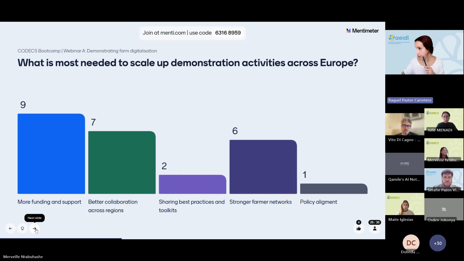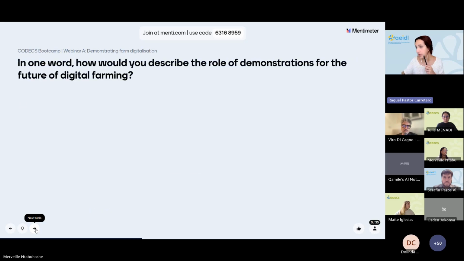And the final question is, in one word, how would you describe the role of demonstration for the future of digital farming?